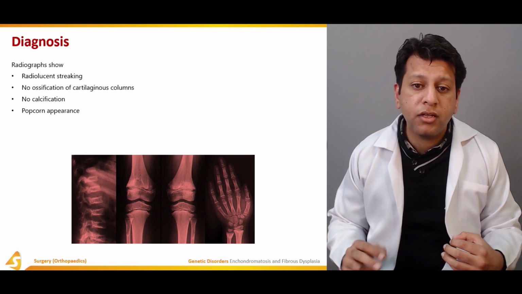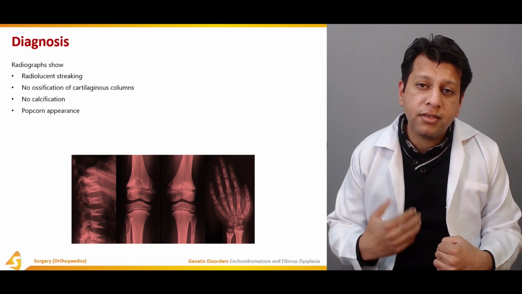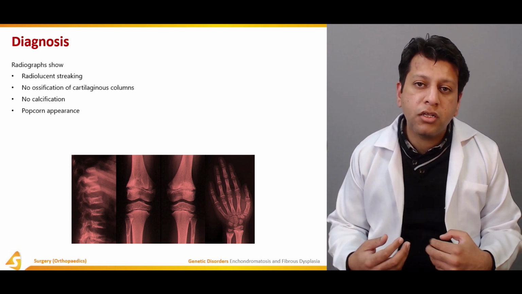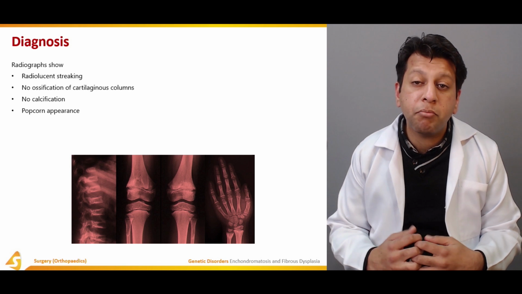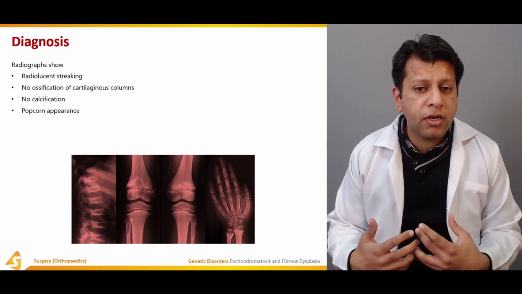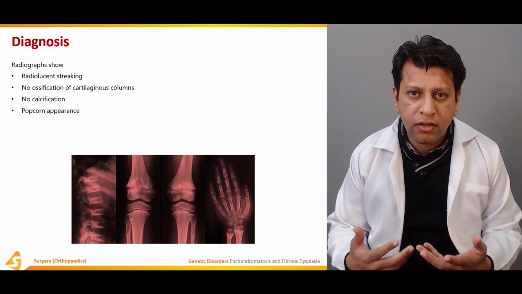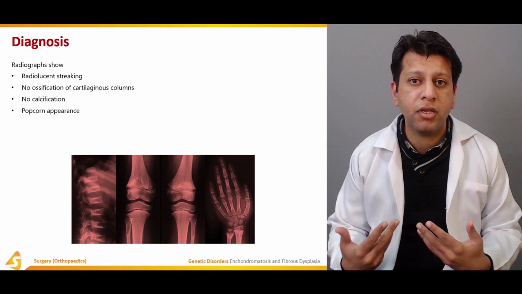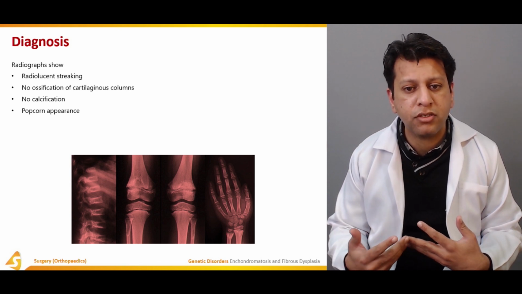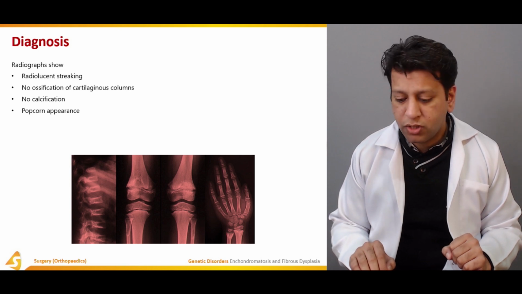Why the popcorn appearance? Cartilaginous tumors usually have a spiculated or punctate appearance resembling popcorn. Multiple enchondromas may be purely lytic without any calcification, or they may present with calcification leading to a popcorn-like appearance in the metaphyseal or diaphyseal areas.